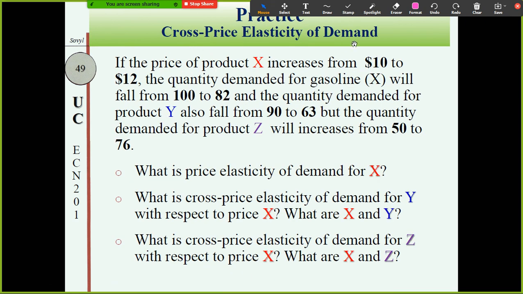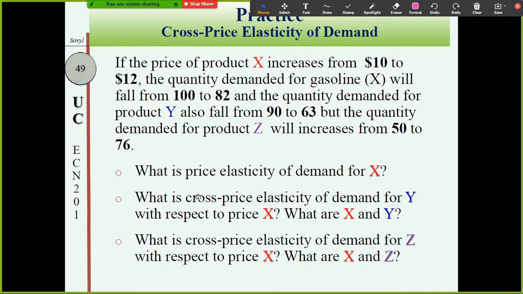this is cross price. If the price of product X increases from $10 to $12, the quantity demanded for gasoline, product X is gasoline, will fall from 100 to 82, and the quantity demanded for product Y also falls from 90 to 63, but the quantity demanded for product Z will increase from 50 to 76.